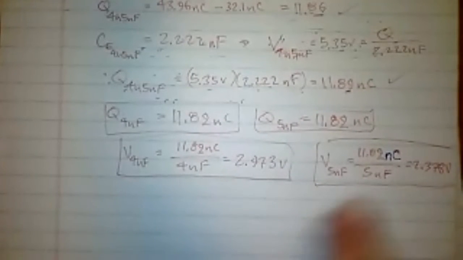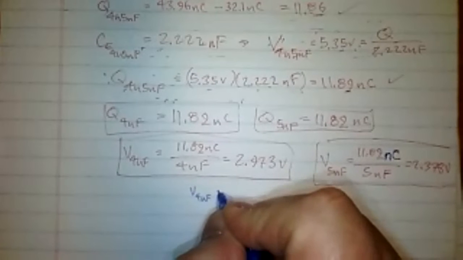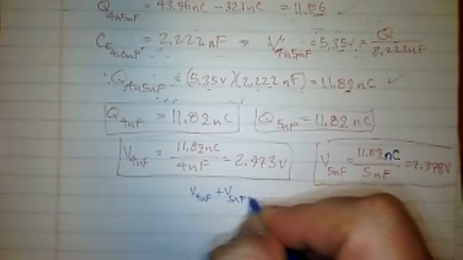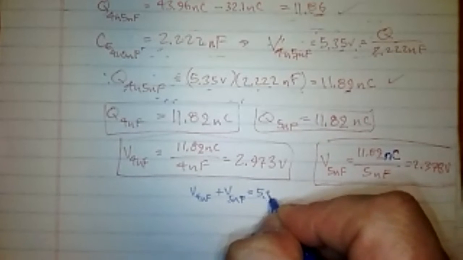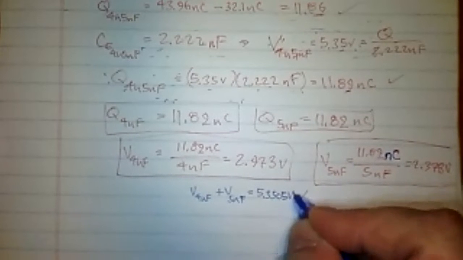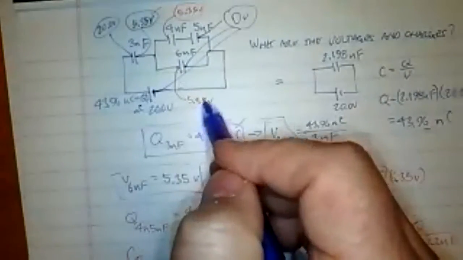When I divided that, I got 2.379. And lo and behold, if I add V4 plus V5, I got 5.3505 volts, which is another good check, because we had already said that it's in parallel with the 6 nanofarad capacitor, and we said that voltage was 5.35.